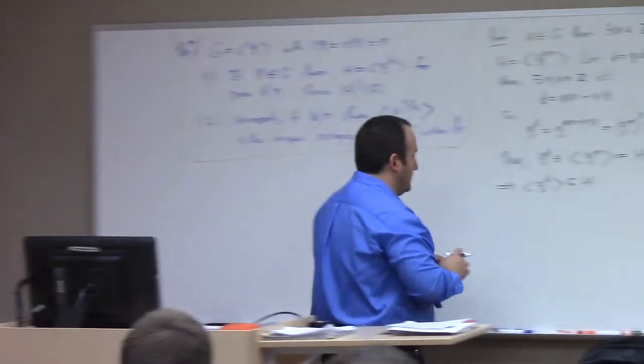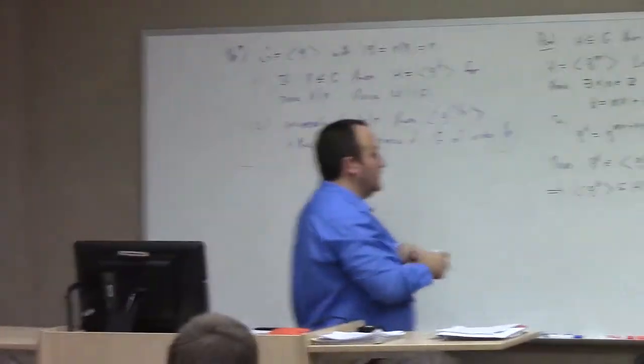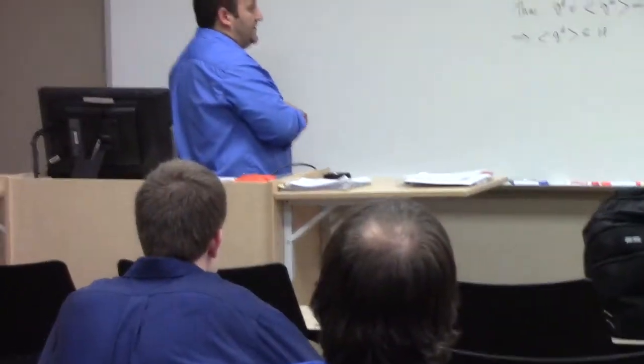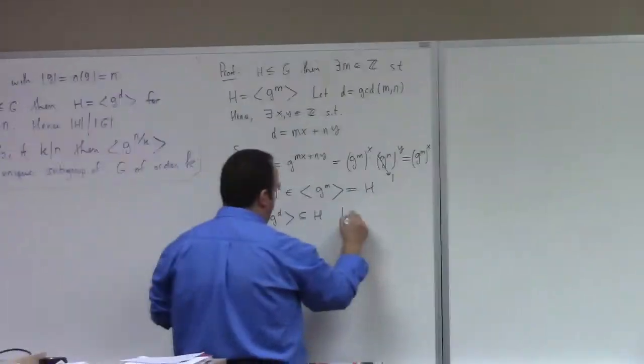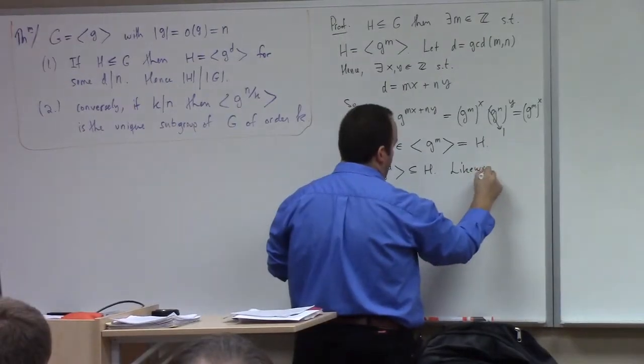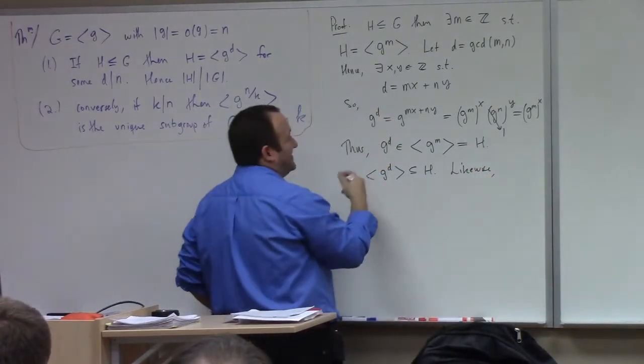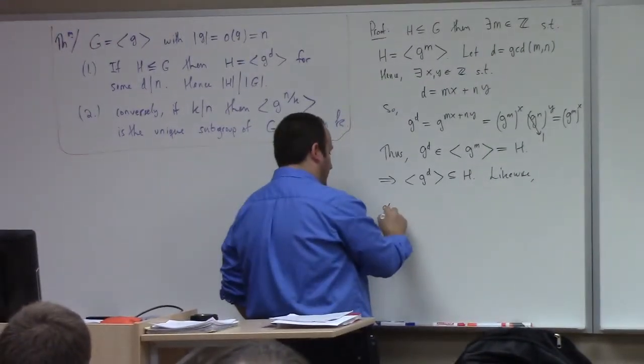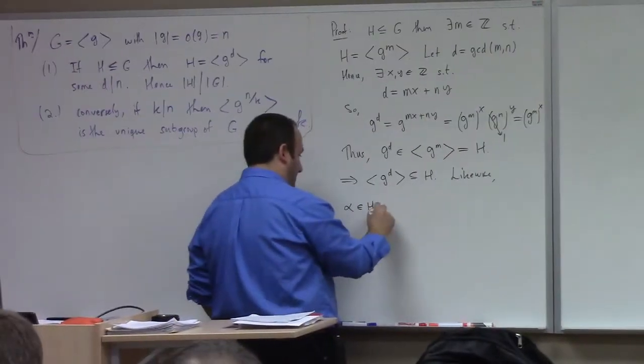Other direction. Right. So let's see here. What if we take an element of H? What would it look like? I need some other, I guess I haven't used alpha. If alpha is an element of H, then what? Alpha equals to what?